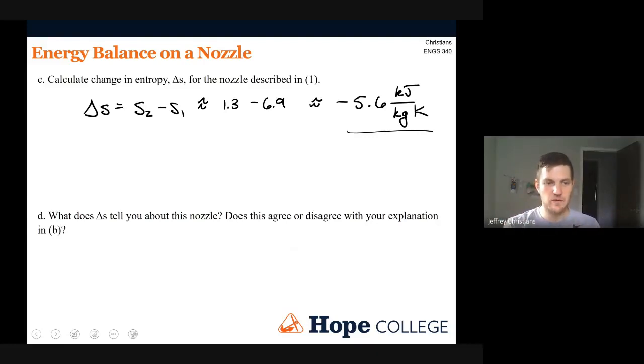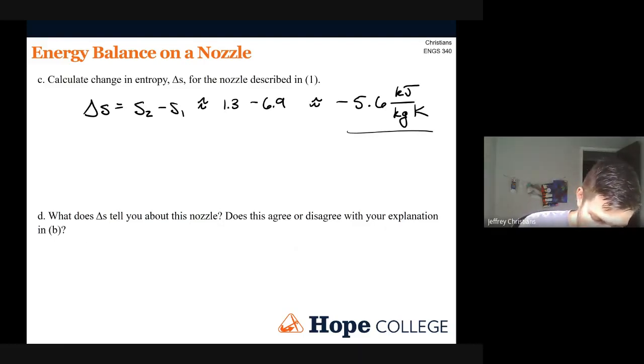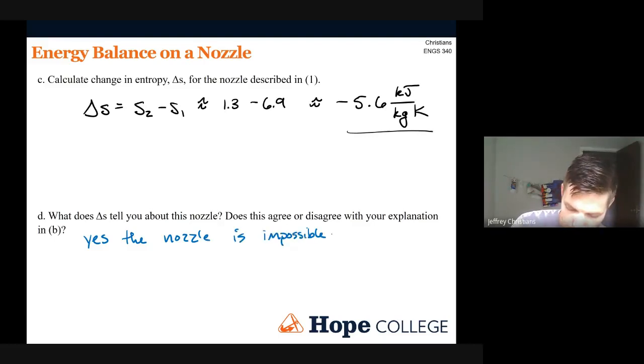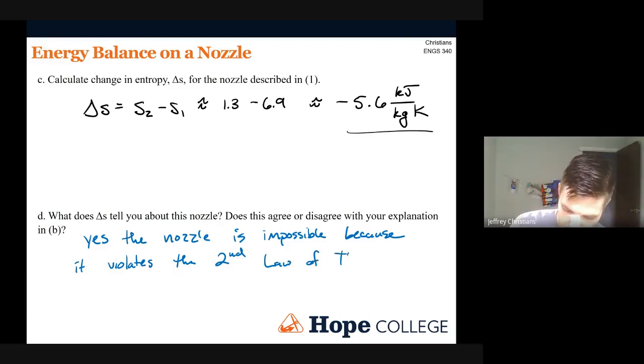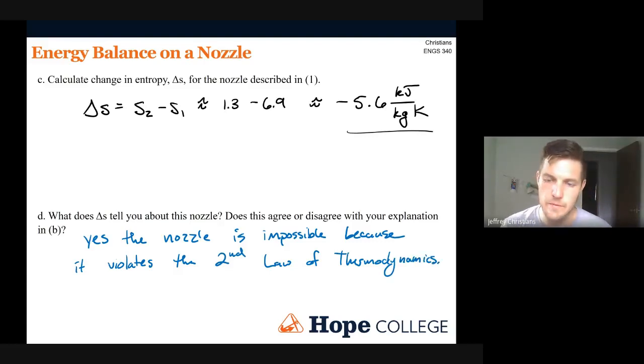A rigorous explanation for why would be something like, yes, the nozzle is impossible because it violates the second law of thermodynamics.